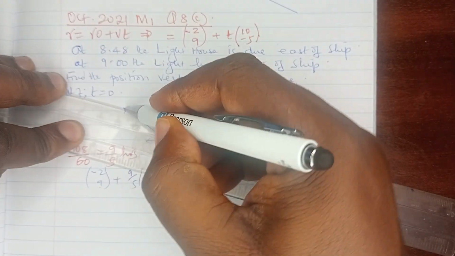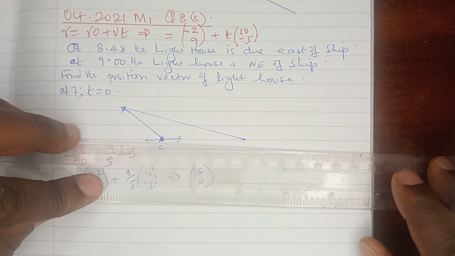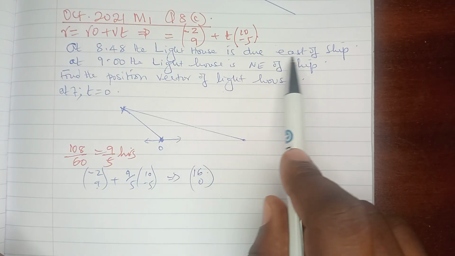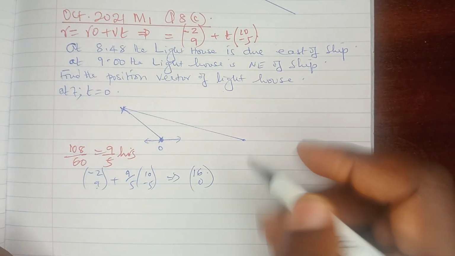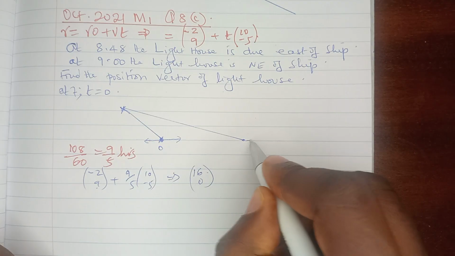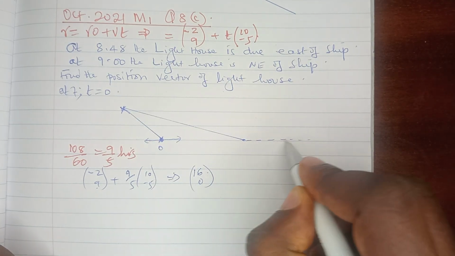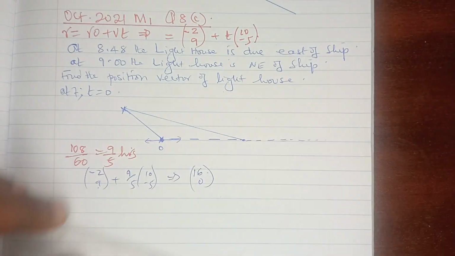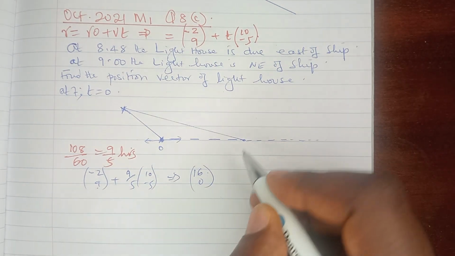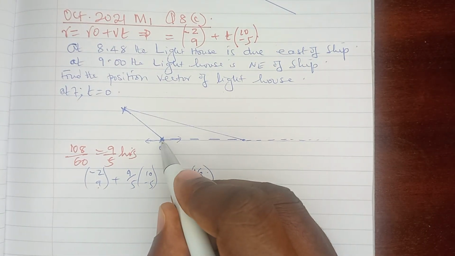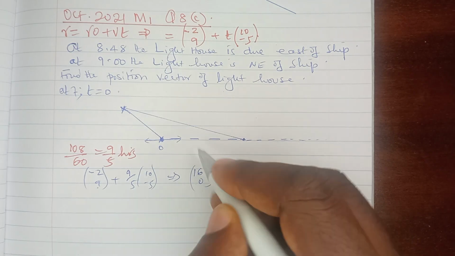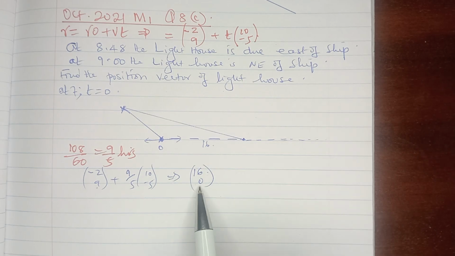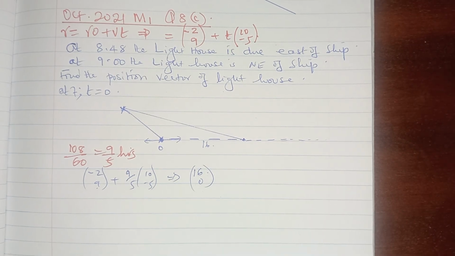Since the passenger realizes the lighthouse is to the east of the ship, the lighthouse must be along that line. There is no going upwards or downwards, because the displacement along the y-axis is 0.